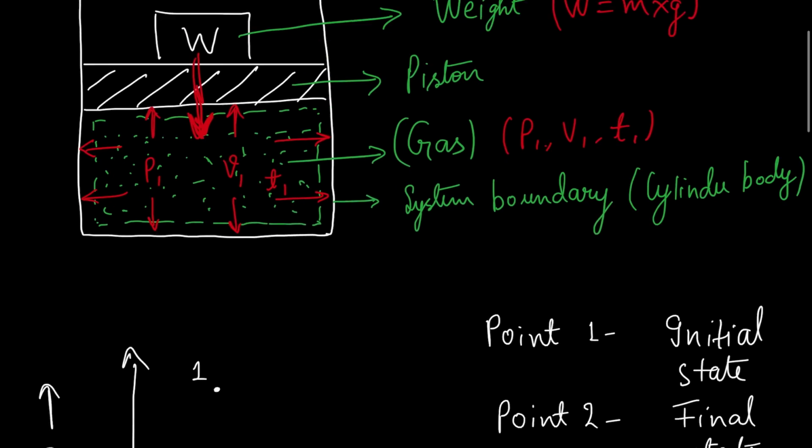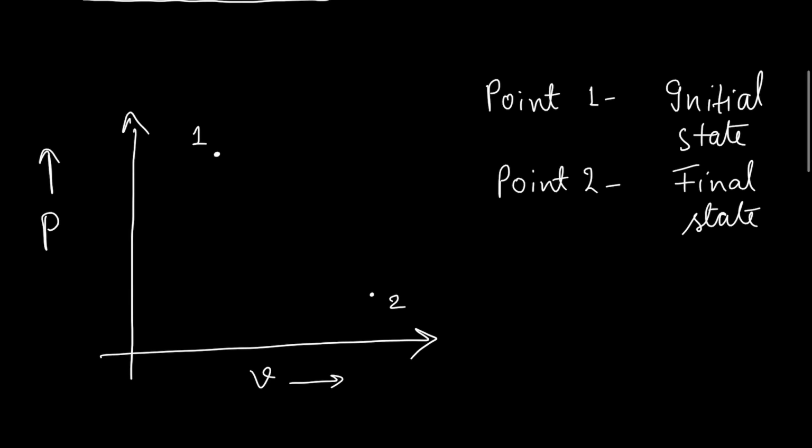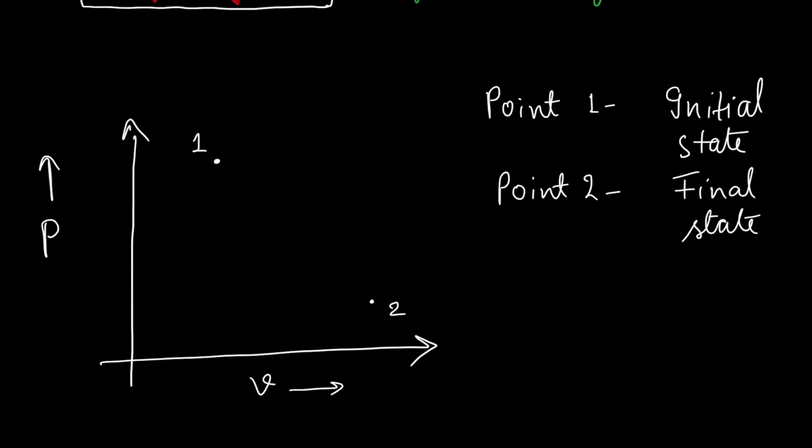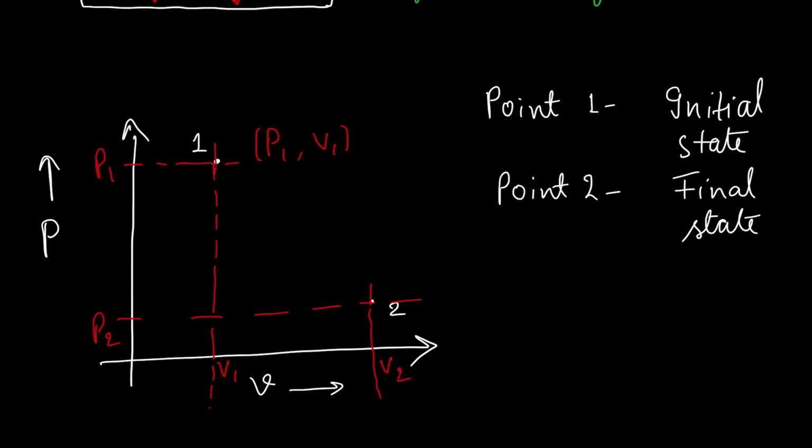Now in front of me, I have a PV diagram, a pressure and volume diagram. And in the PV diagram, I have 2 points, 1 and 2. This point has a pressure P1, volume V1, and this point 2 has a pressure P2 and volume V2.